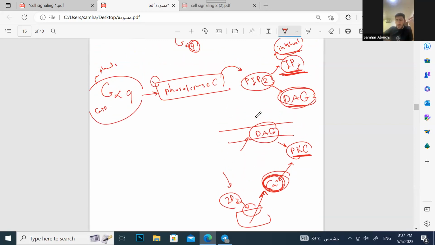So let's recap. G alpha Q activates phospholipase C. Phospholipase C breaks PIP2, and PIP2 breaks down to IP3 and DAG. DAG goes to the membrane and stays there. IP3 goes inside and causes calcium to be released from the sarcoplasmic reticulum, and both calcium and DAG work together and activate protein kinase C, and protein kinase C phosphorylates and causes the action.